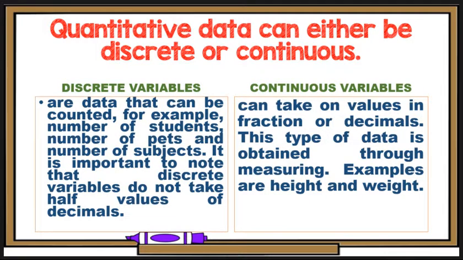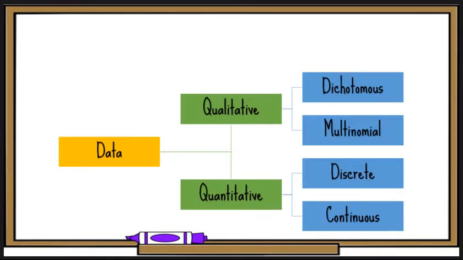So, to summarize data, tingnan natin yung graph. Data can be subdivided into two groups, qualitative and quantitative. And si qualitative, pwede mo siyang i-categorize into two groups, dichotomous. Pag dichotomous, dalawang groups lang. Pwede rin naman multinomial. Pag multinomial, 3 or more groups.